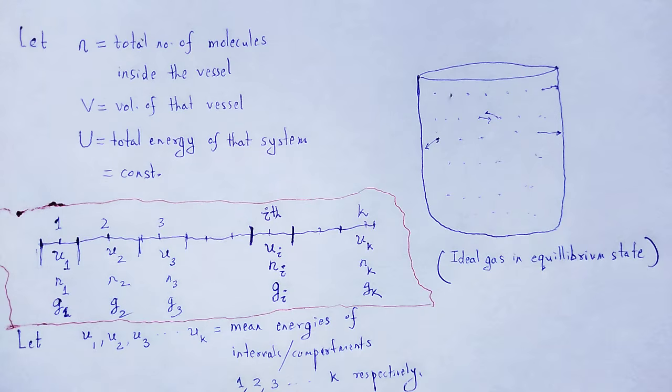This type of macro state is called the most probable macro state, and we achieve it in the equilibrium condition. Therefore, we take an ideal gas in the equilibrium state.